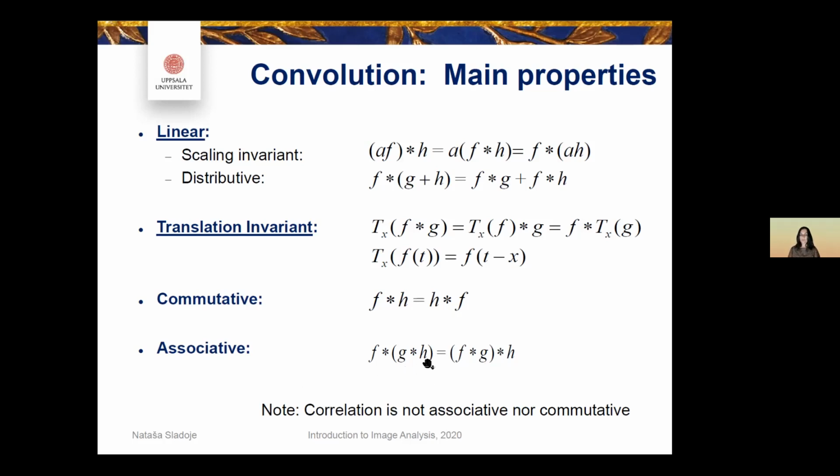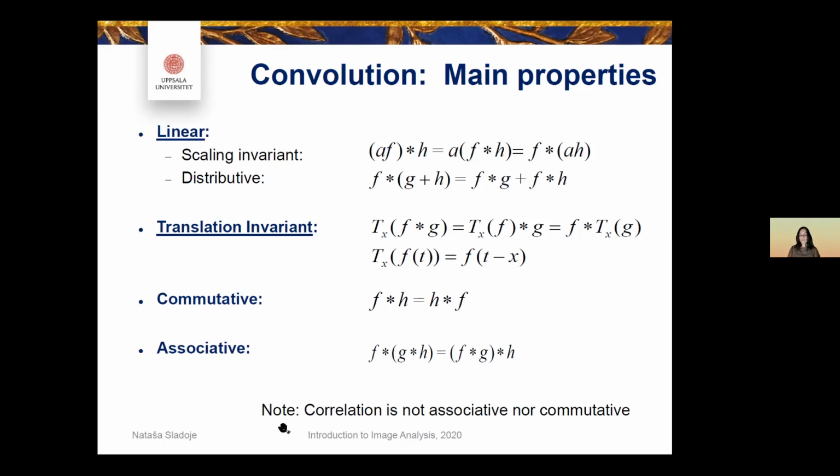That means that the order of grouping of convolutions can change, we can perform the sequence with any grouping which seems suitable, without changing the order of the functions.